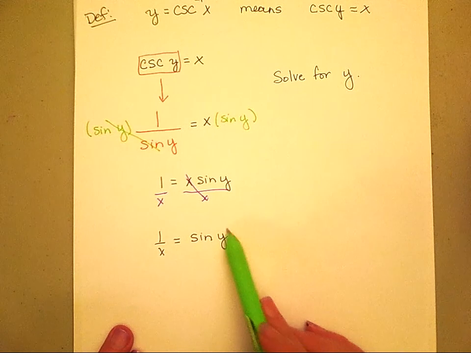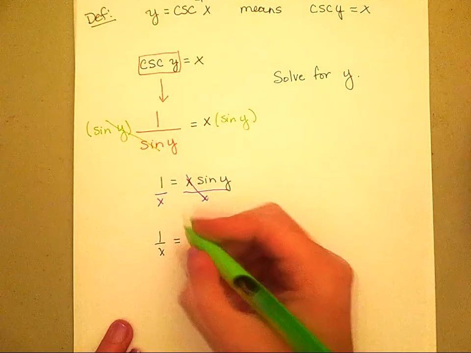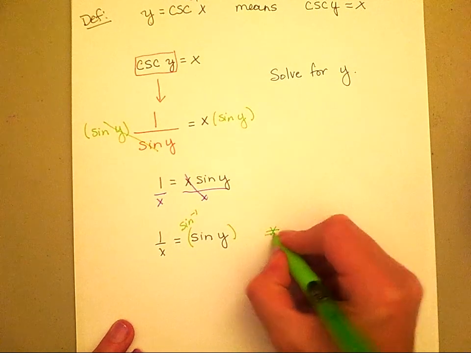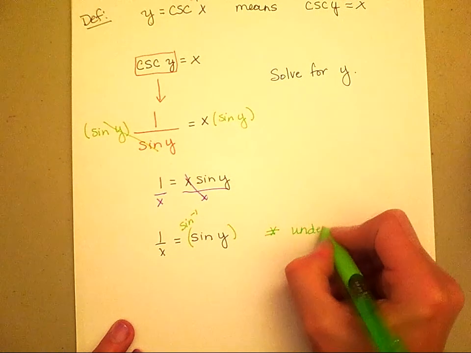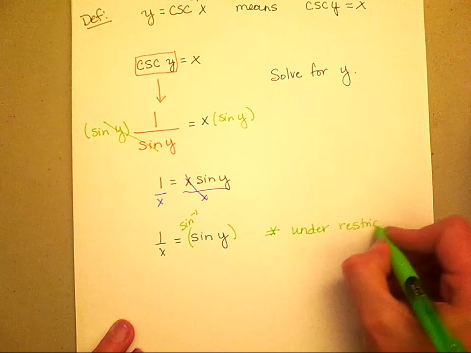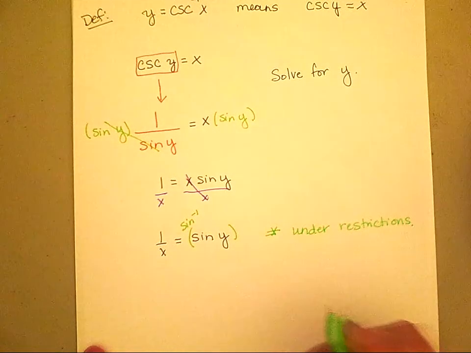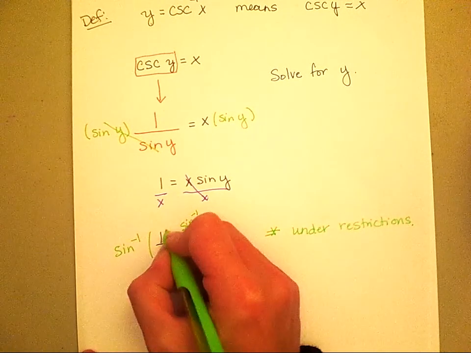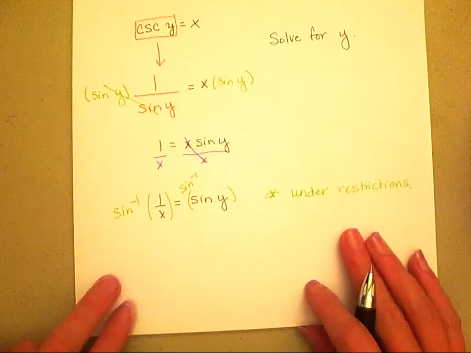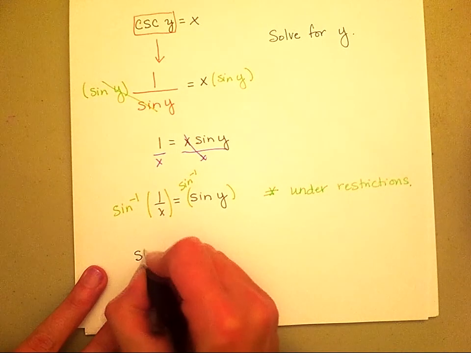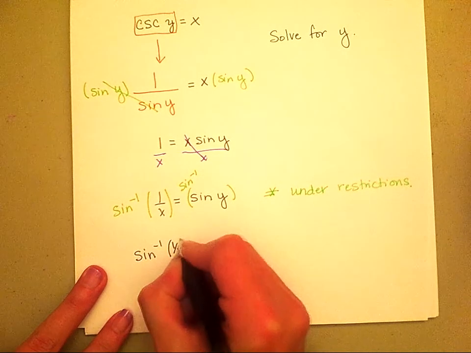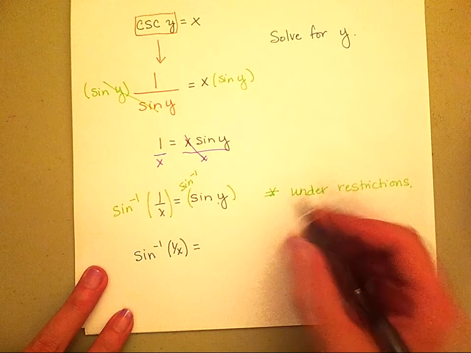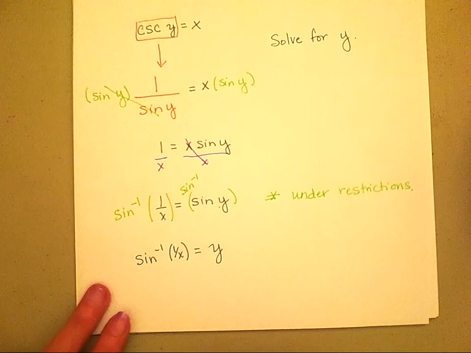Now y is in the argument, it's wrapped up in the sine, so I want to undo the sine, and I can do that by taking the inverse sine. Let's make a note that we have to make sure this is under certain restrictions, and I'll tell you what those are in a moment. What I do to one side, I have to do to the other. So under these restrictions, on the left-hand side, we have the inverse sine of 1 over x is equal to, well, the inverse sine and sine undo each other, provided we're under the right restrictions, so we get y.